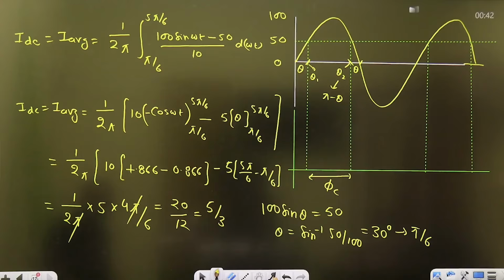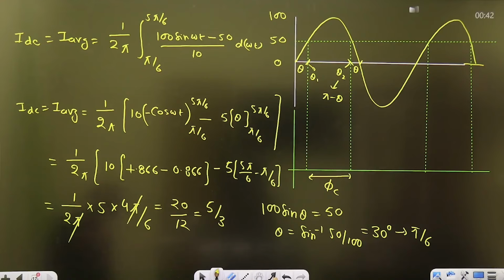No, the limit. Already I have solved that question. Don't worry. If there is a calculation mistake, we can work on it. 5 minus 1, 4. 5 is multiplied by 1 by 2 pi. This pi is cancelled. 5 into 4, 20 divided by 6.